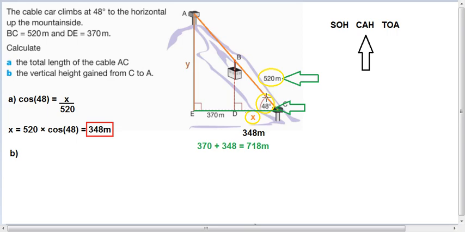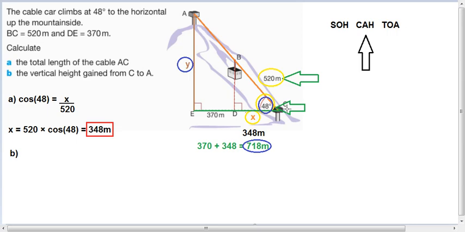Let's highlight the information that we have so far. So we have 48 for letter B. We also have the adjacent side, which is 718, and we want to know the opposite side of 48. So we need to find a relation in which we have the adjacent side and the opposite side, because we don't want to know anything about the hypotenuse.